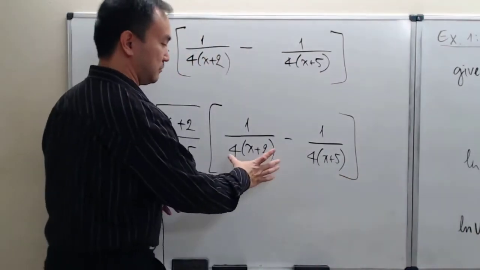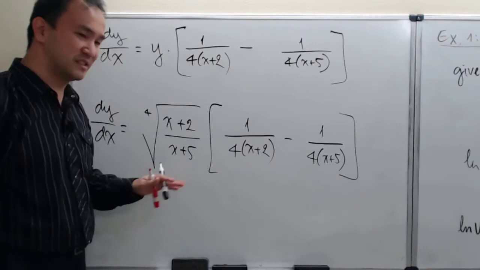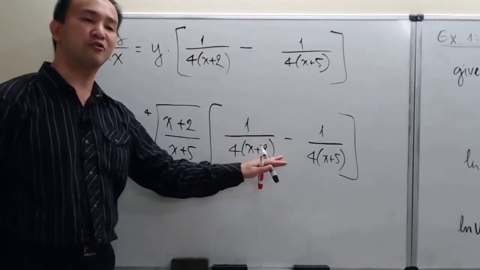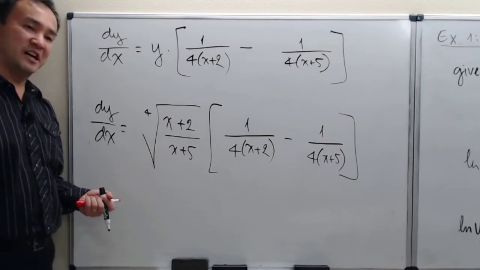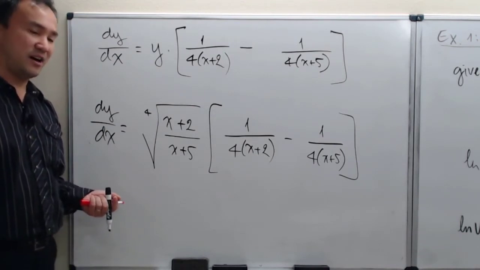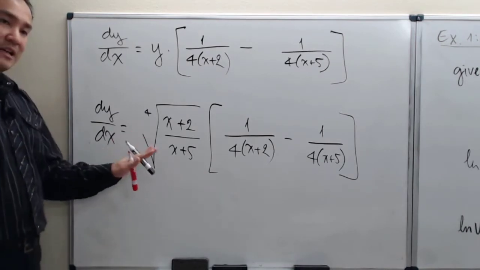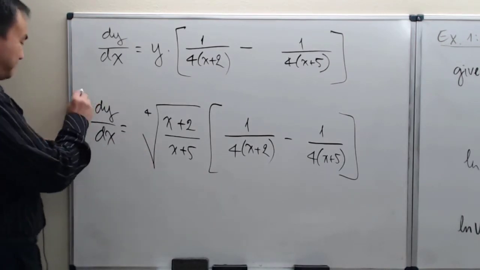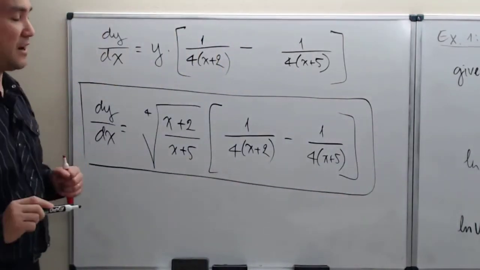Combining these into one fraction or not, look for your instructor's requirements. In my particular example, I'll just stop right there, because I don't want to waste the viewer's time watching the algebra steps. All right, this is our final derivative.